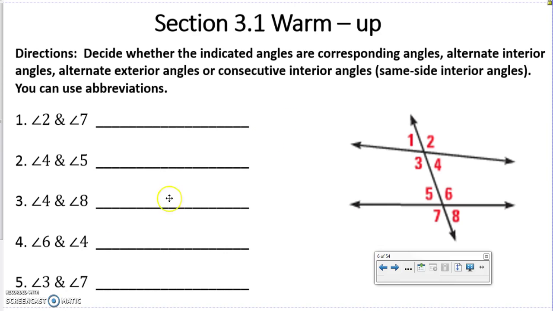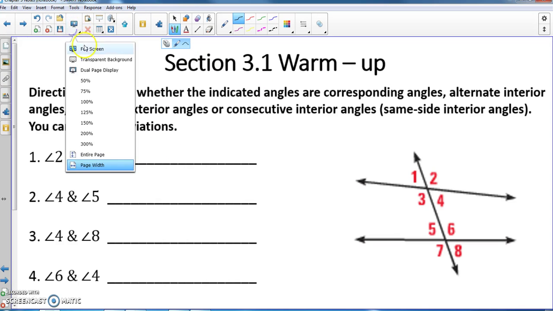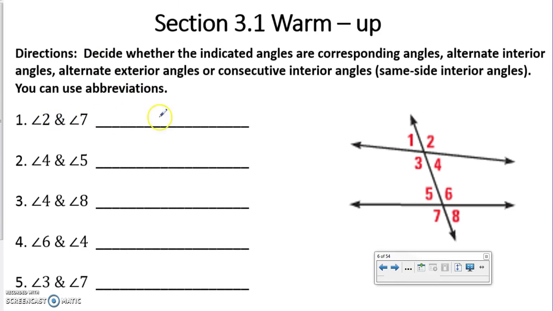Okay, so as we're looking at this, let me get my pen to work here. So 2 and 7. So 2 is here, 7 is here. So notice these are the two lines, this is the transversal.